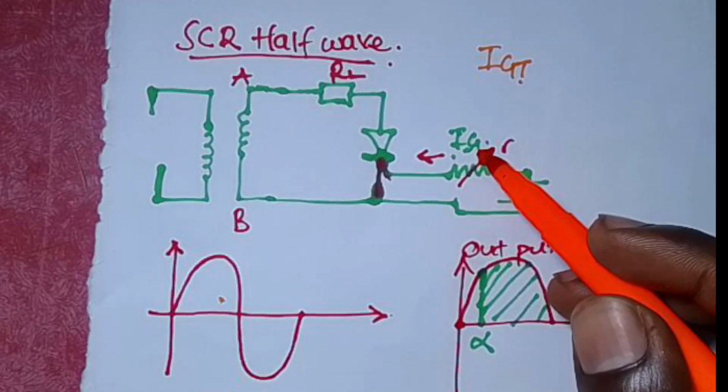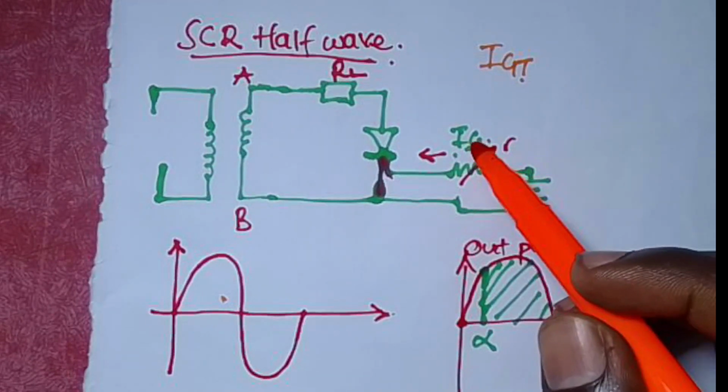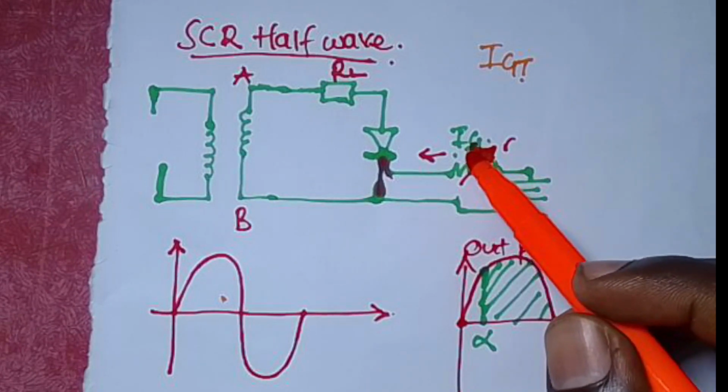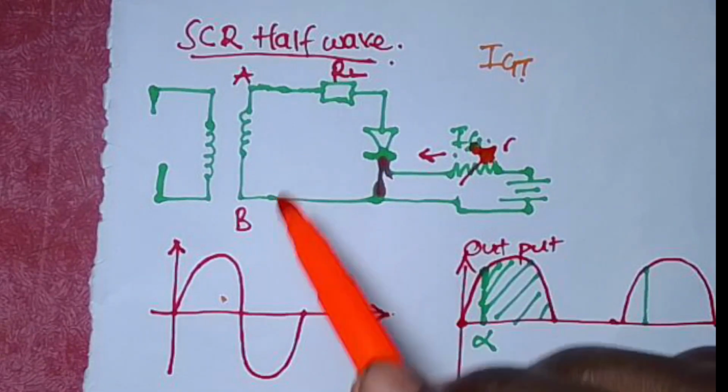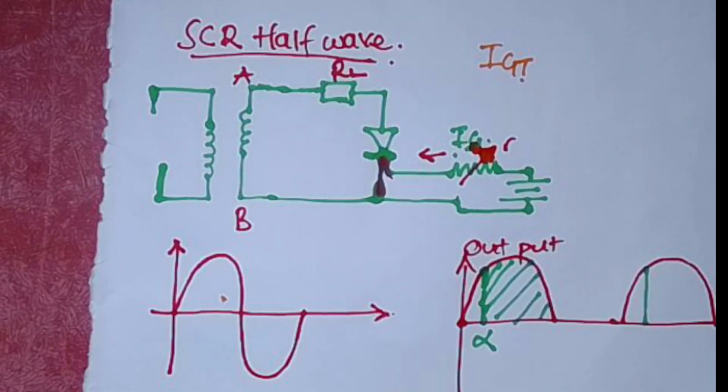You increase this resistance, you are controlling the gate current. When you're controlling the gate current, you're determining the voltage at which this is to be switched on. Are we together on that point? I'm waiting for your reply. Or do I need to further explain a little bit about that?